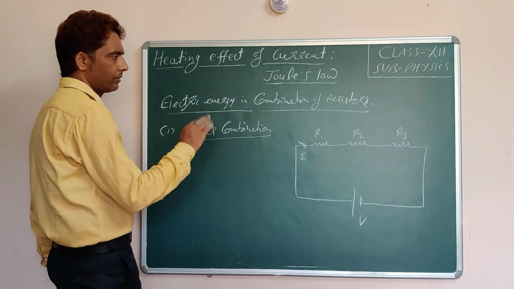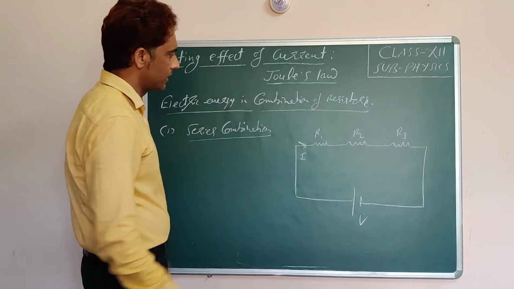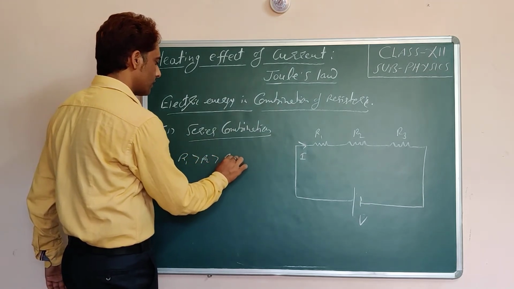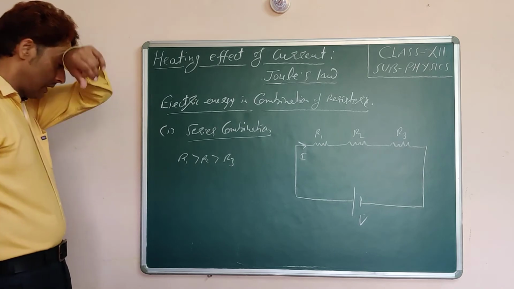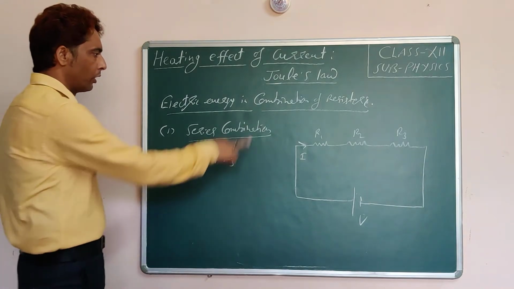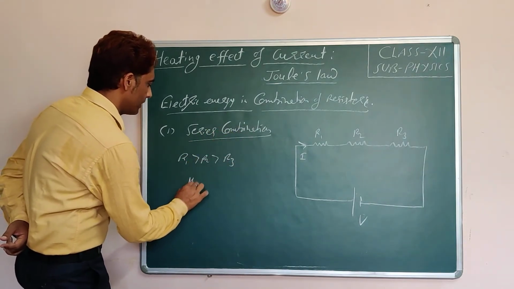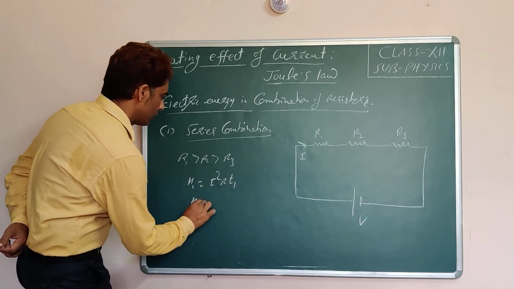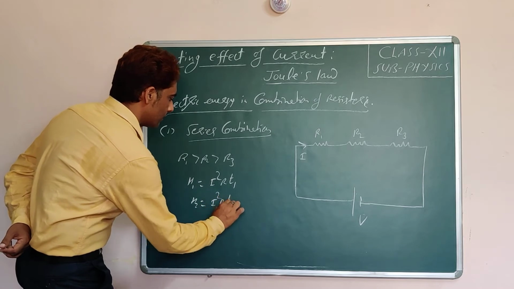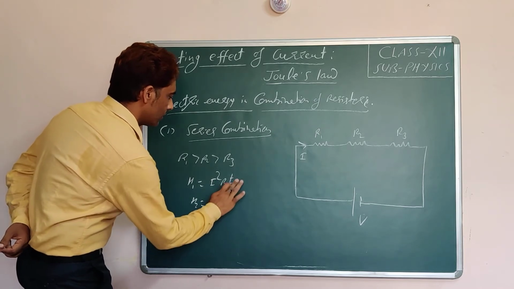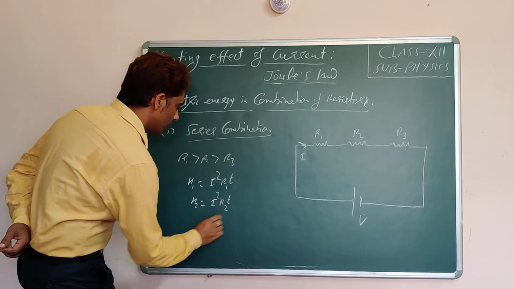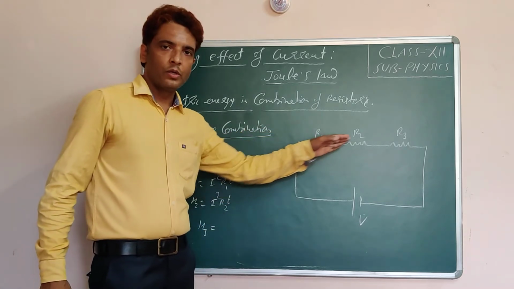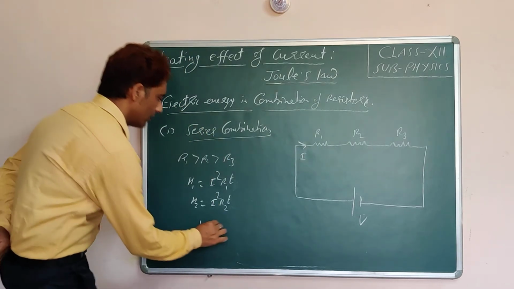Now if the values of resistance are such that R1 greater than R2 greater than R3, then the heat produced in the resistors is H1 equal to I square R1 t, H2 equal to I square R2 t, and H3 equal to I square R3 t, where t is the time for which current flows through this combination.